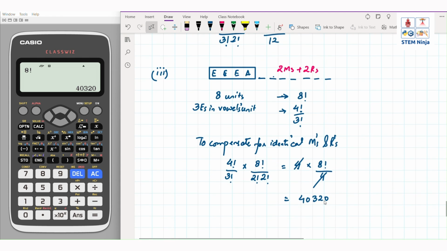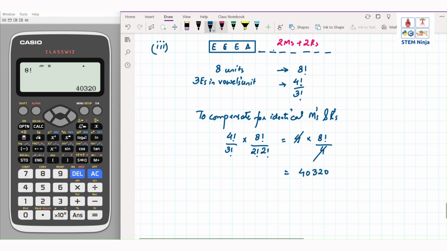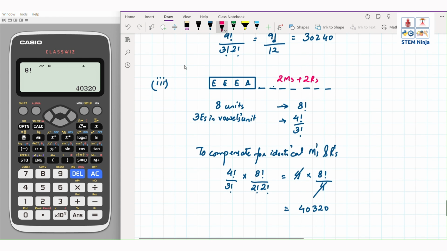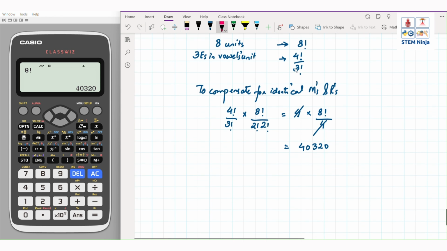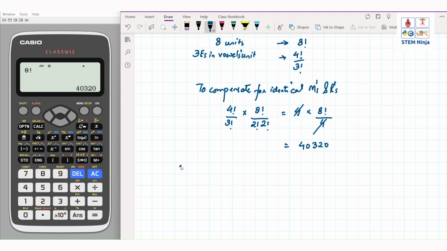So now when the vowels are not together, so basically this was when vowels are together. Now when vowels are not together, we will just subtract from this number.